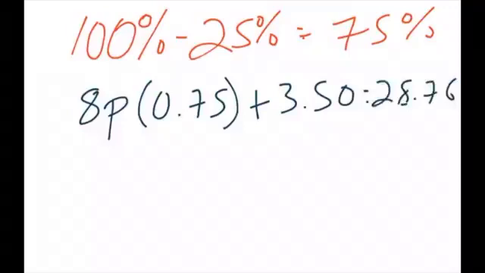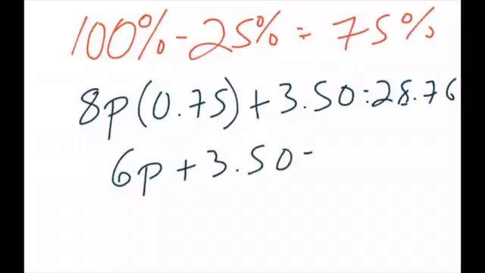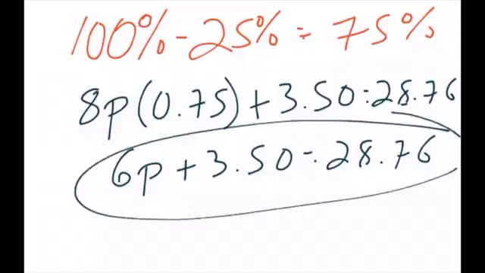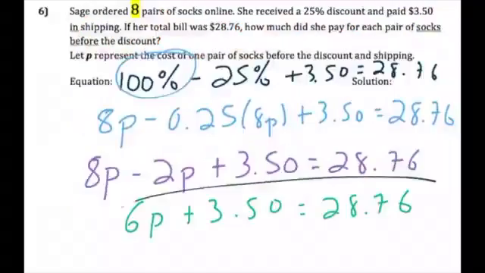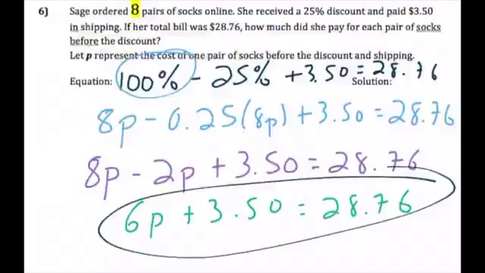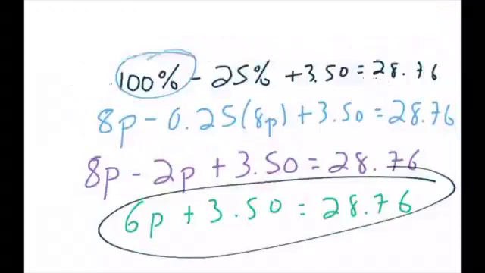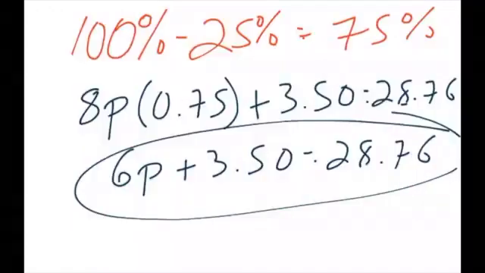So 8p times 0.75 is 6p plus $3.50 equals 28.76. And if we go back to the last page, you can see that this equation is exactly the same as that equation right there. So I'll go back to this one really quick so you can look at how I did that one.